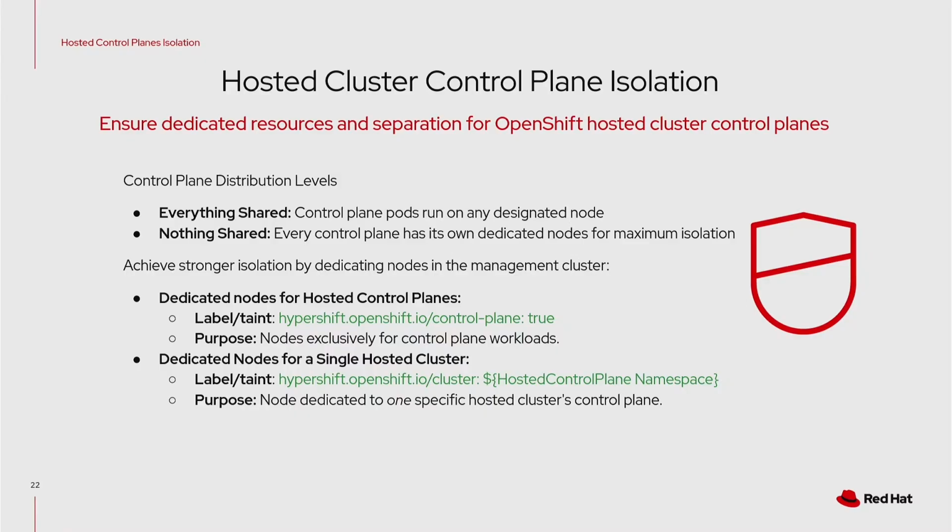But if you have the requirement to have nothing shared in your management cluster, you may add on worker nodes, and then you may taint those nodes specifically to say only this namespace hosted cluster can run on these specific nodes, creating segmentation from other hosted control plane namespaces.